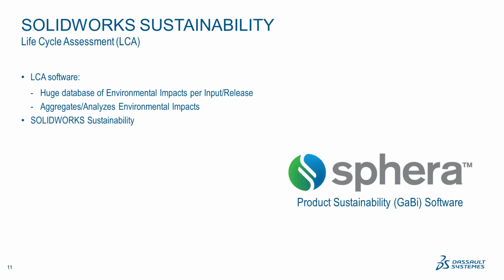When we talk about life cycle assessment tools, software products, there's really 2 components. First is a large database of the environmental impacts of each input and release. And you almost want to consider these to be a PhD dissertation's amount of work to develop, to understand the environmental impact of, let's say, 1 kilogram of aluminum or 2 pounds of paper or a certain amount of cement used in a certain region.